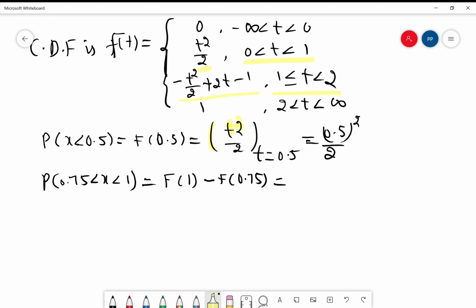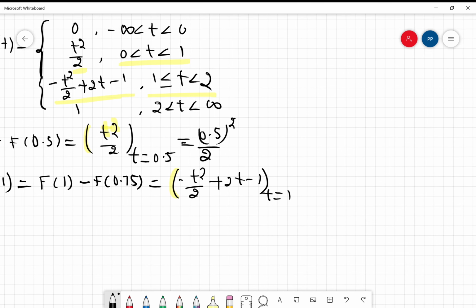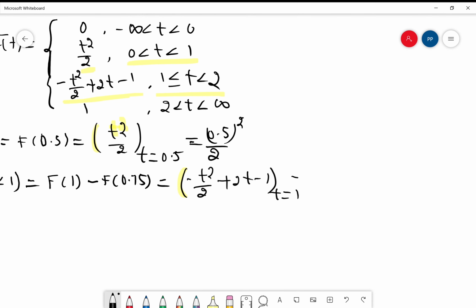Therefore, you have to consider this expression, minus t squared by 2 plus 2t minus 1, and put t equals 1 there. Then minus F of 0.75. 0.75 belongs to the interval 0 to 1. Therefore, t squared by 2, there put t equals 0.75. Then simplify this to get the required value.